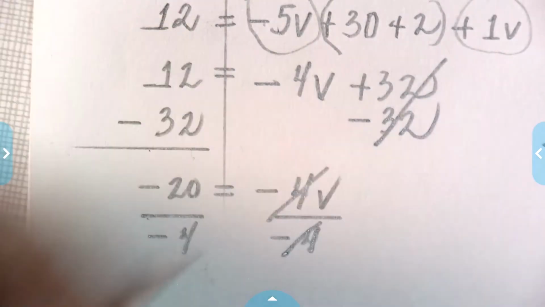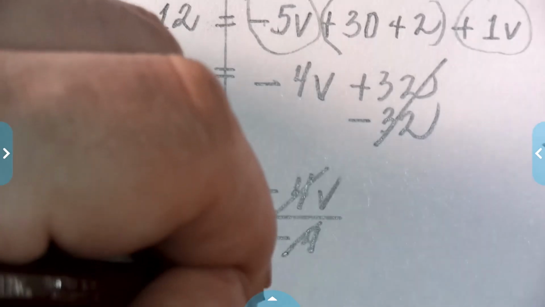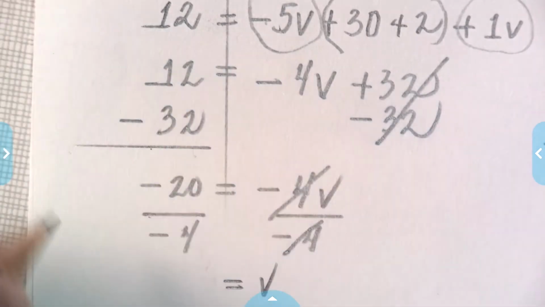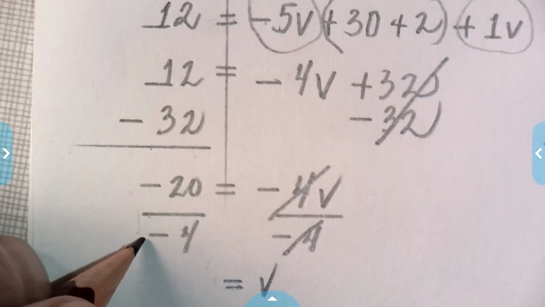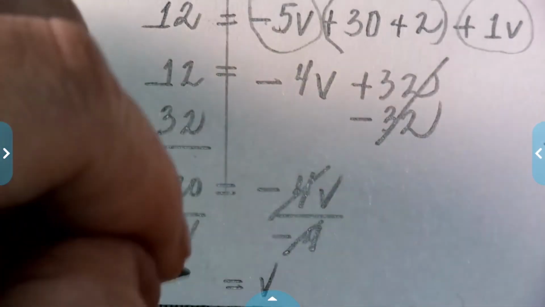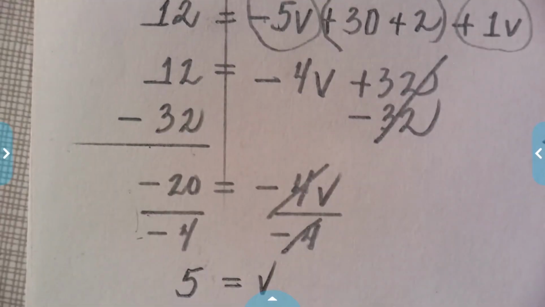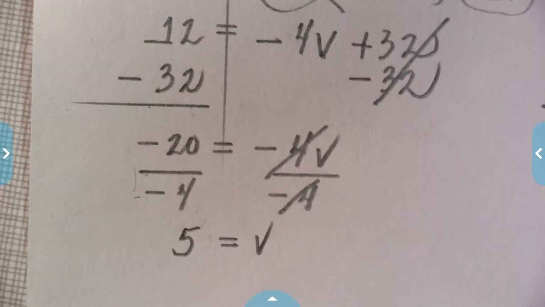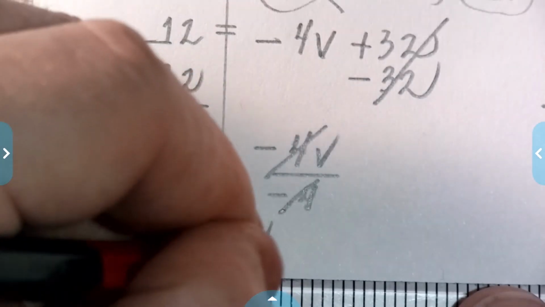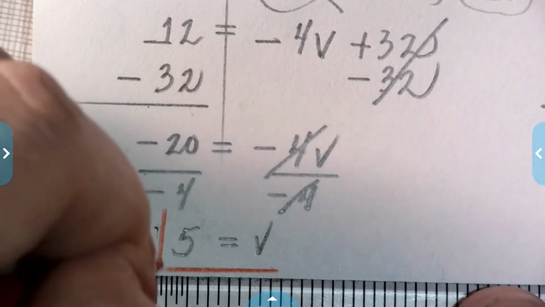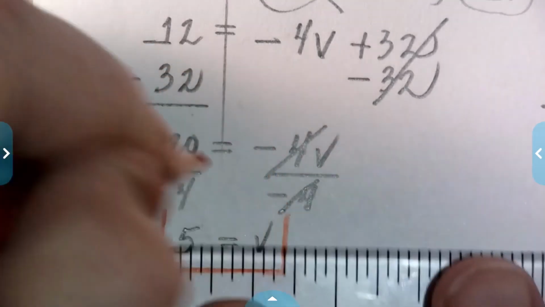I cancel out my negative 4s, and I've got v equals negative divided by a negative is a positive, 20 divided by 4 is 5, v equals 5. How cool that it just all came down to that. Okay. Very, very cool.